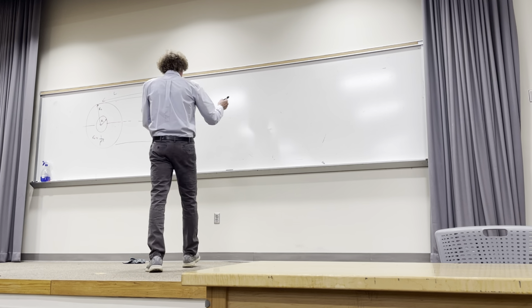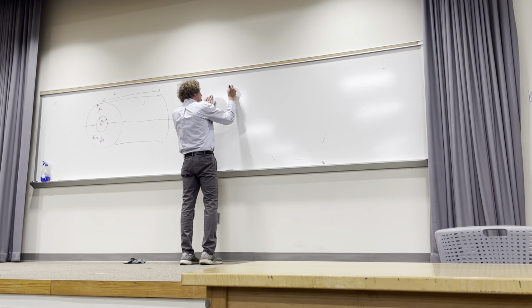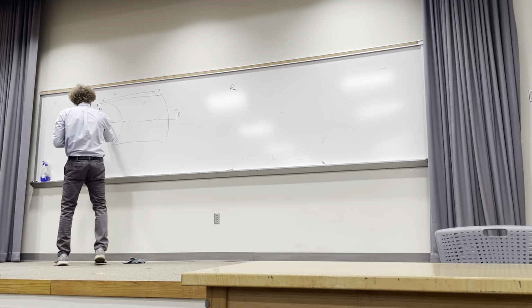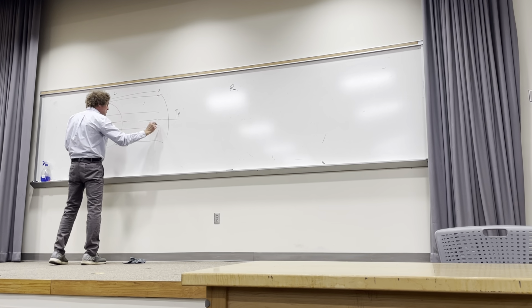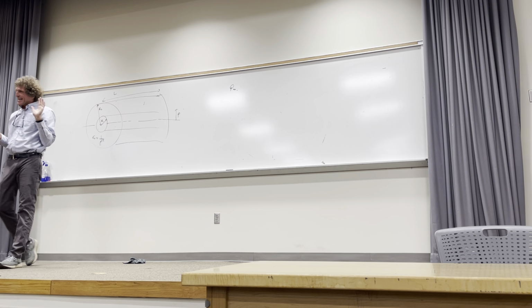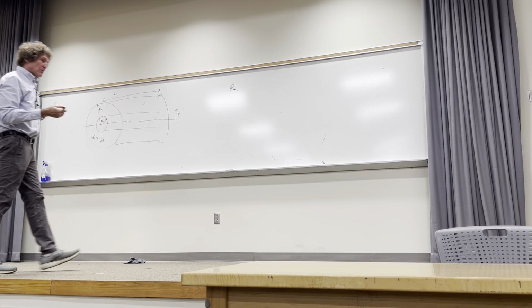So I'll just put Q sub m, so much charge per meter on the inner radius. You could get the surface charge density if you want, but it doesn't buy you anything here.